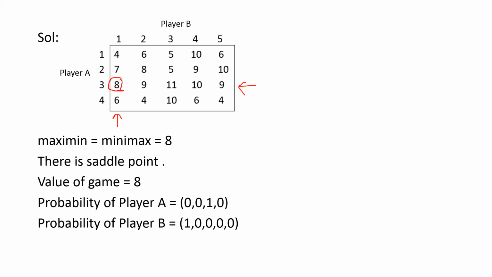So you can write that the value of the game is 8, and the probabilities are, for A: 0, 0, 1 and 0. For B it is 1, 0, 0, 0 and 0. So this is the probability, and here we have the value of the game as 8.